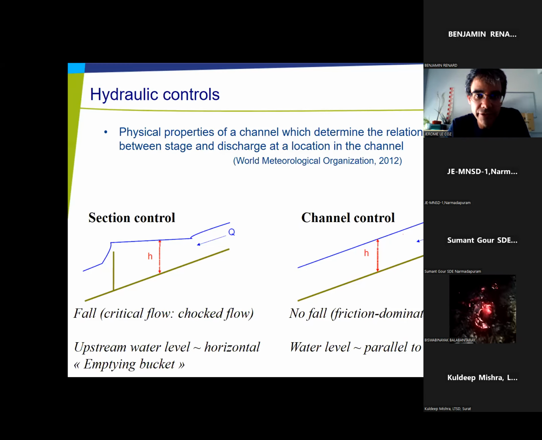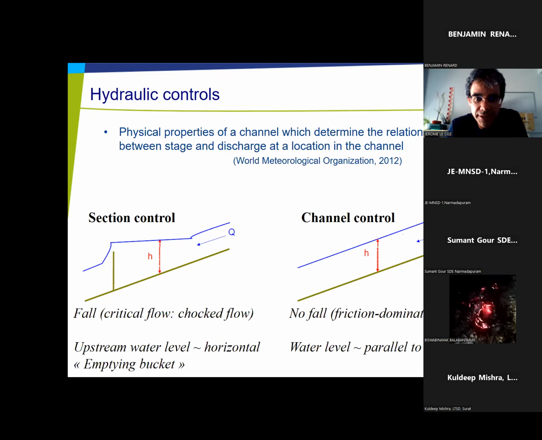You have here the definition from the WMO: the physical properties of a channel which determine the relationship between stage and discharge at a location in the channel. So that's any physical features of the river that have an impact on the relation between stage and discharge, which is exactly what we wish to model with the rating curve.